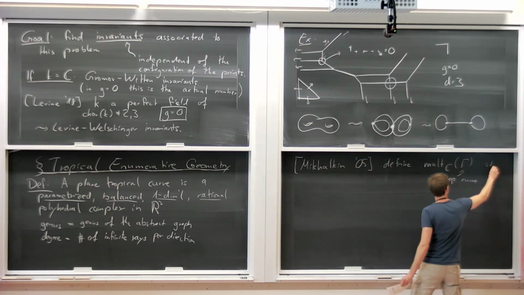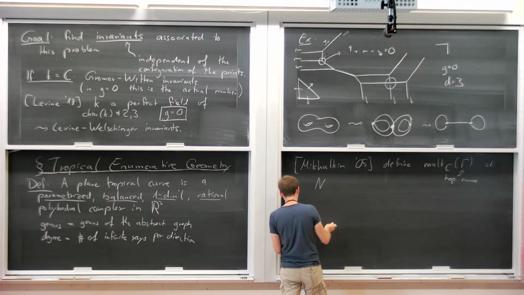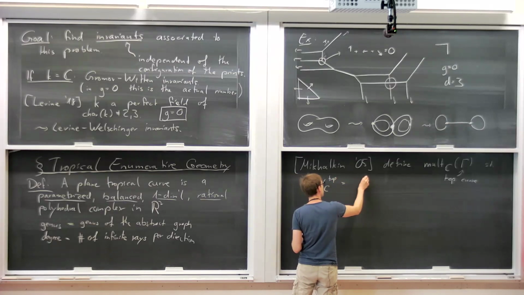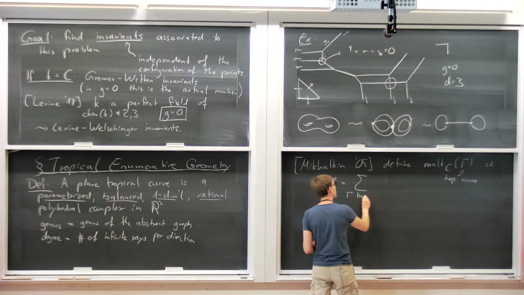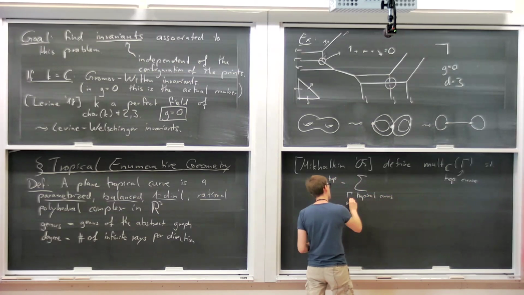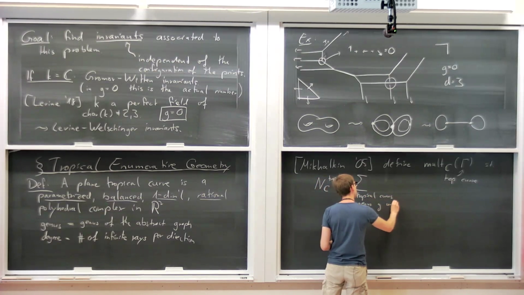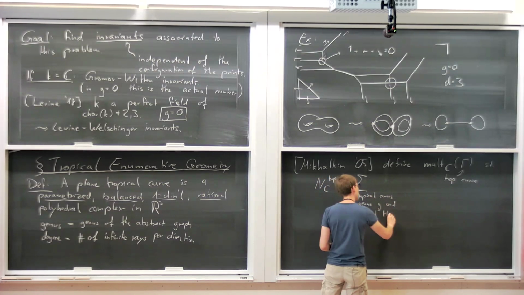Such that we can define a quantity, which I'm calling N complex tropical, given by summing over tropical curves of genus G and degree D through n points.